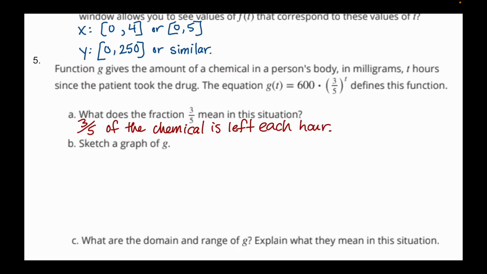Okay, and so if we want to sketch a graph of g, I'm going to use my black marker to do this. Technically, I want to know when it would become 0, and if you have a chemical in your body, it should eventually become 0, but since this is exponential, our exponential values are never actually going to reach 0.